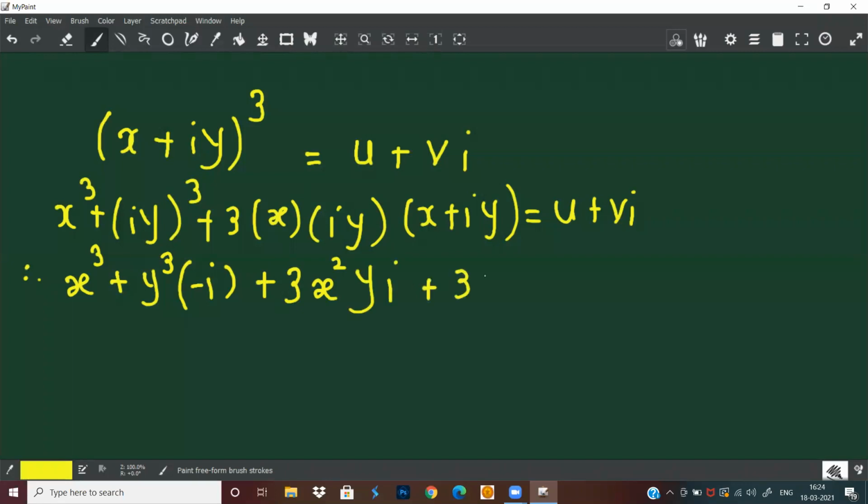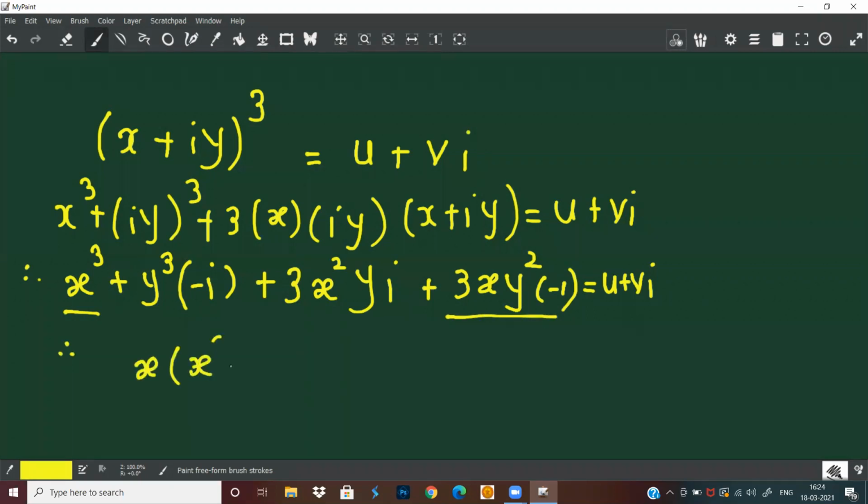Plus 3x into i y square, i square is minus 1, is equal to u plus vi. Could you do this much? So now these are the two terms without i, in which x is common, right? So you will have x into (x square minus 3y square).